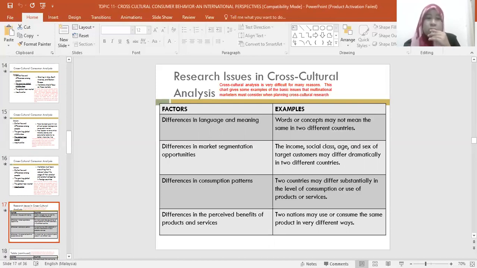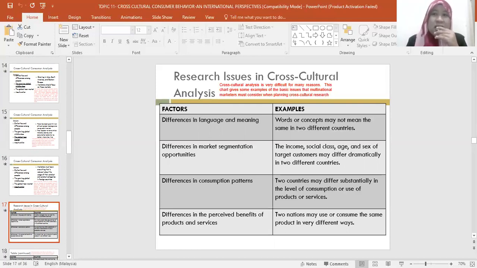Okay, so we proceed first. Words or concepts may not mean the same in two different countries. So let's say like this. In Indonesia, butuh, B-U-T-U-H, refers to needs. But when we talk about Malaysia, butuh means that you are cursing.